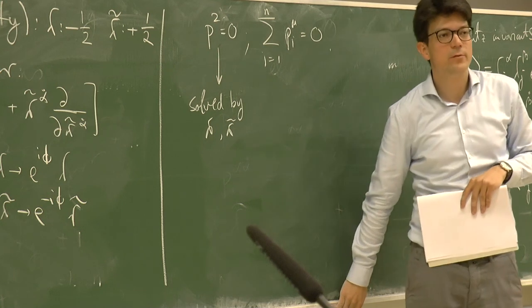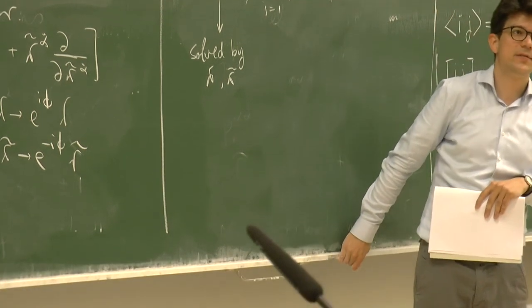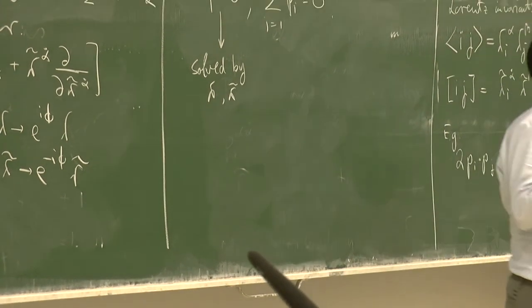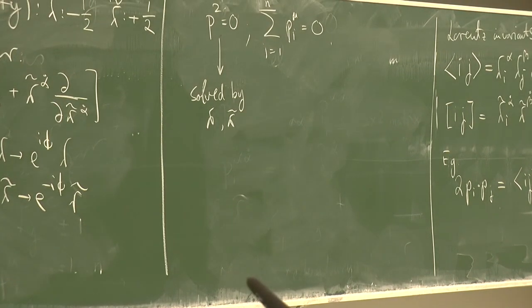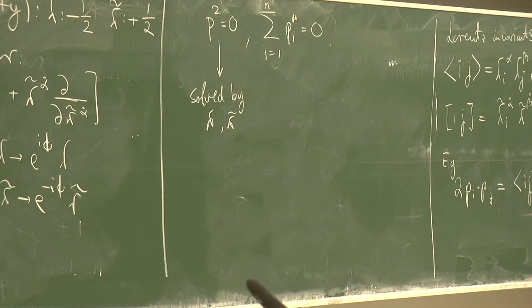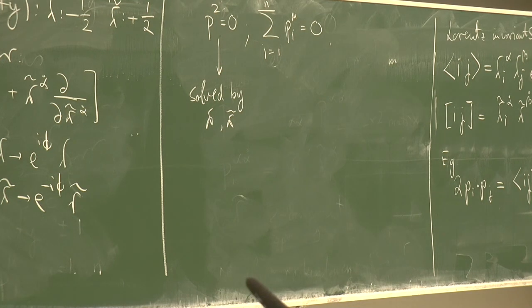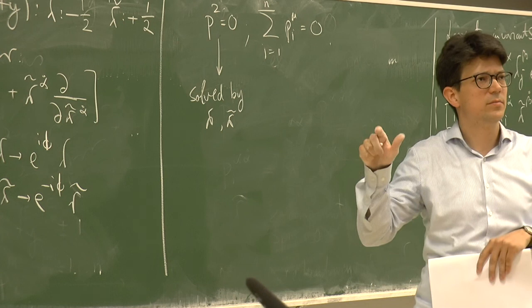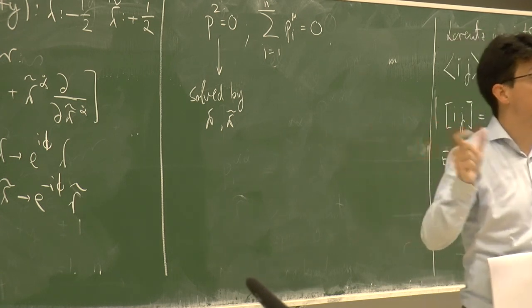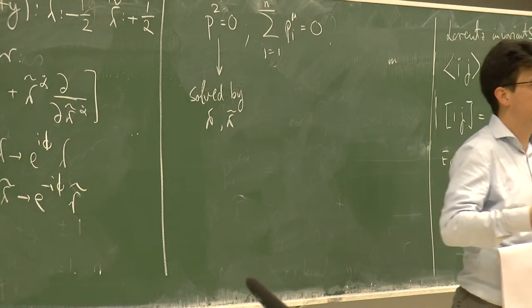And related to this, the other point is that you can ask what in general are independent variables to describe our scattering amplitudes. And in fact, these spinor products that we introduced, the ij angle bracket, ij square bracket, are in general not independent.